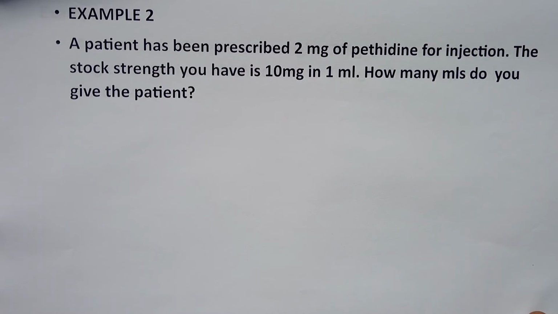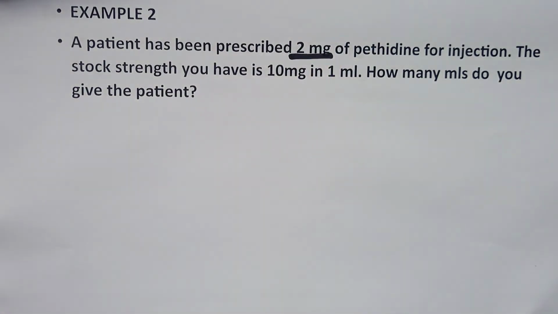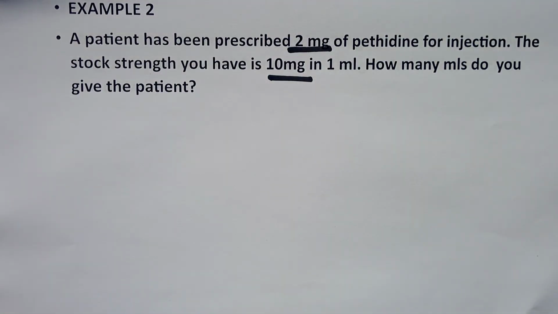Let's look at another example. A patient has been prescribed 2 milligrams of pethidine. So we want to give the patient 2 milligrams. This 2 milligrams of pethidine is for injection, and the stock strength which we have is 10 milligrams. How many mils do you give the patient?